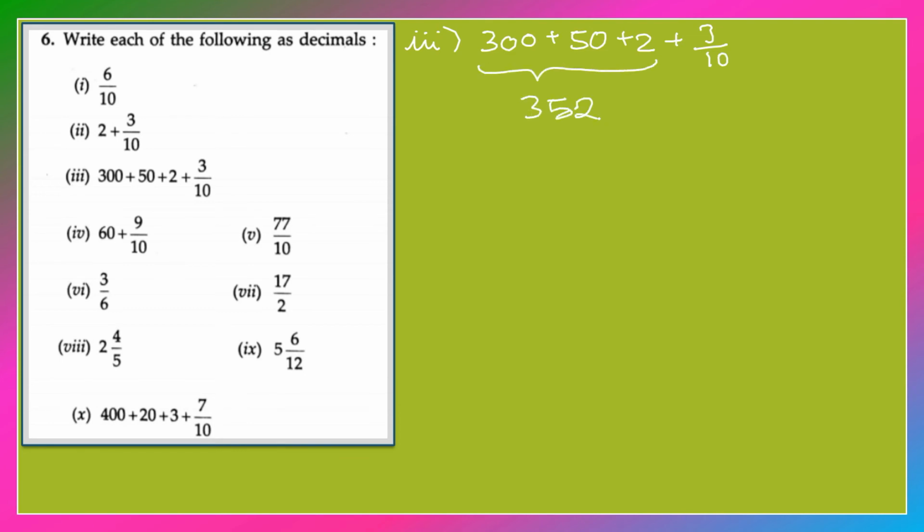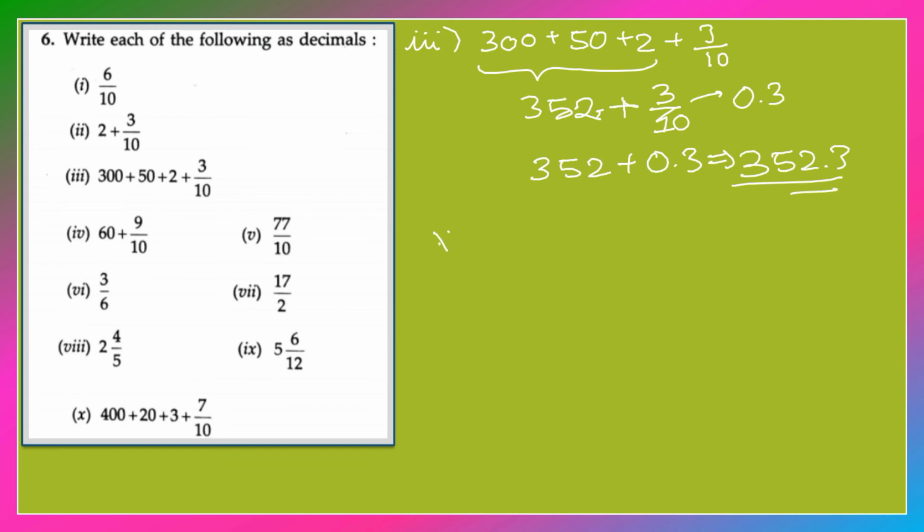And then we have plus 3 upon 10. This 3 upon 10 can be written as 0.3 because I shifted the decimal point. So it will equal 352 plus 0.3, which equals 352.3. And this is the answer.